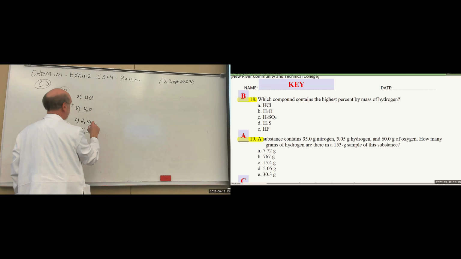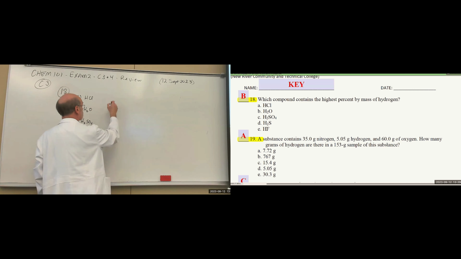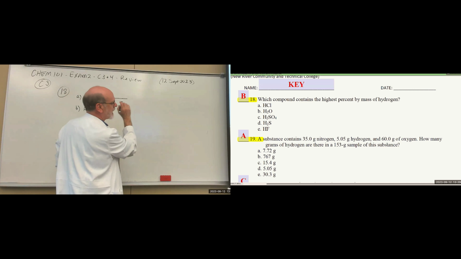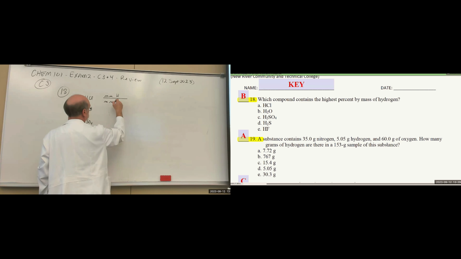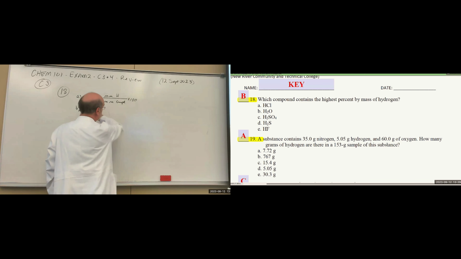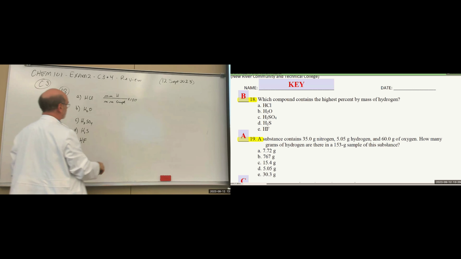Percent by mass. So percent by mass is going to be, and this is hydrogen, the molar mass of hydrogen divided by the molar mass of the compound times 100 for every one of them.